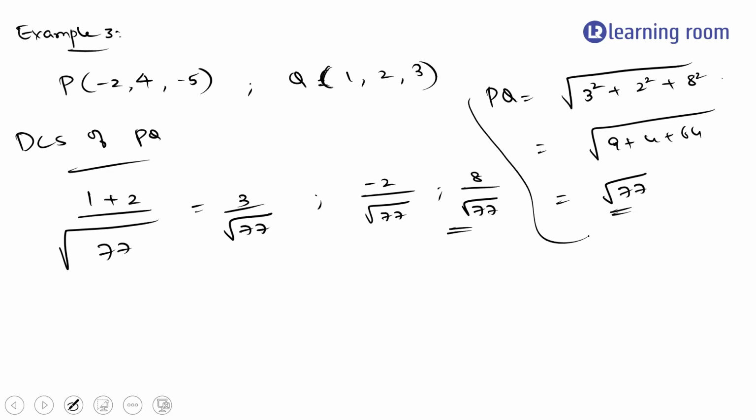Sir, why is it that in the previous example they've given only one combination of the answer in example 2? Example 3, I didn't get your question. No, sir, in example 2, the answer is given as only one combination. Fine. You can still write it as plus or minus.